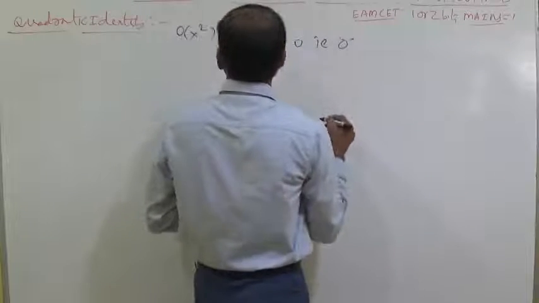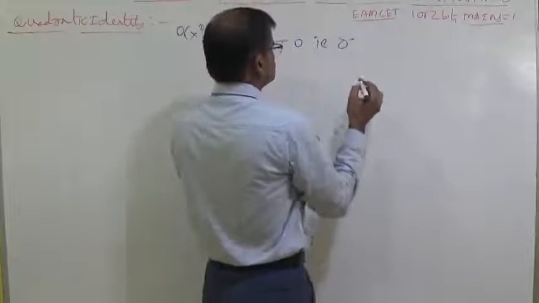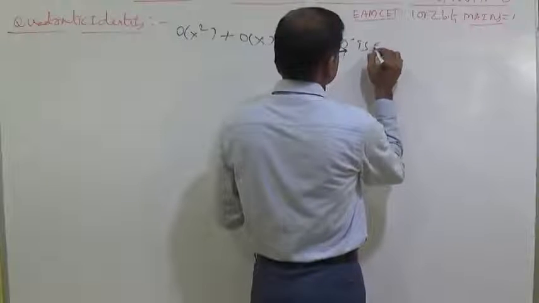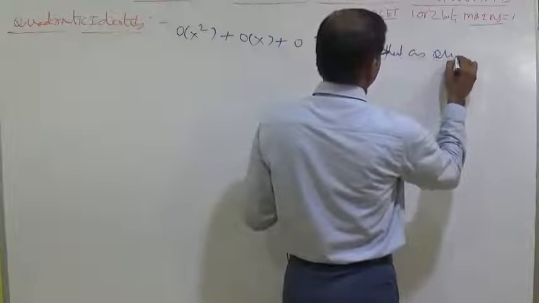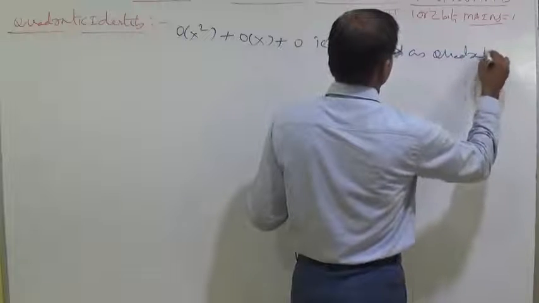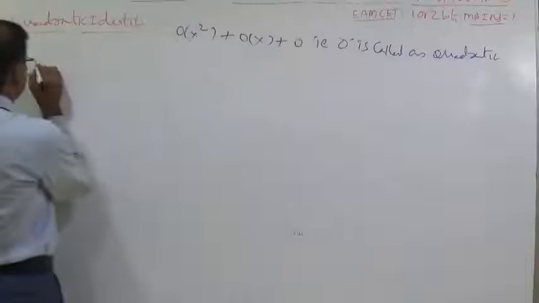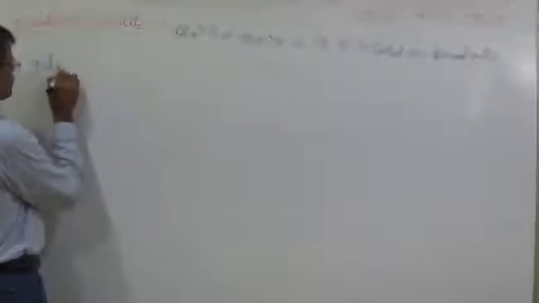But you should write it like this. It is called the quadratic identity.